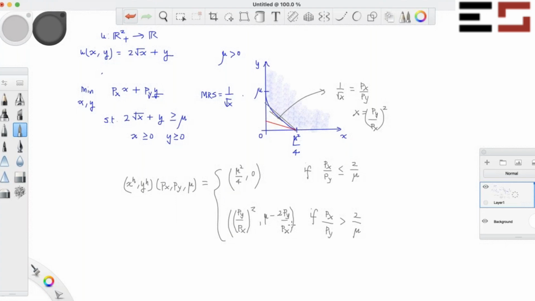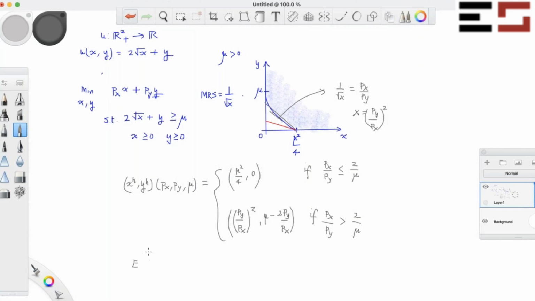Okay, let me tell you one more concept. You can plug these values here, and the value that you get is nothing but the optimal expenditure, the minimum expenditure needed if you want to attain mu level of satisfaction at these prices. There is a name for such a function: you call it the expenditure function. So what is the expenditure function?